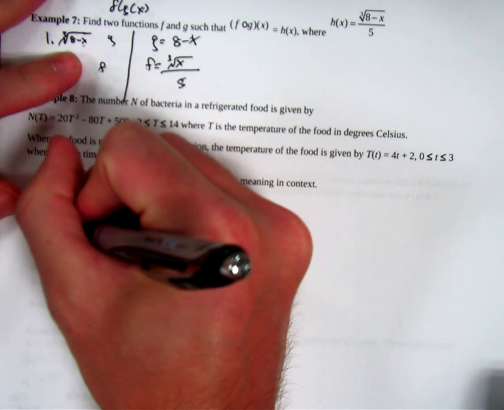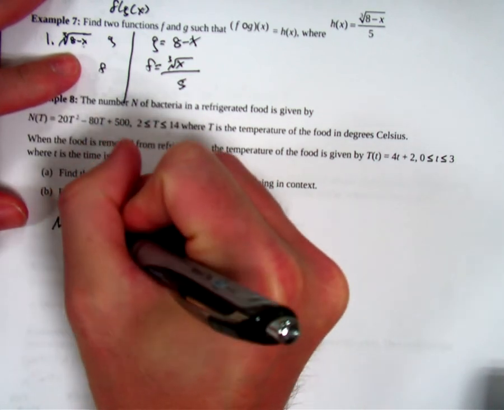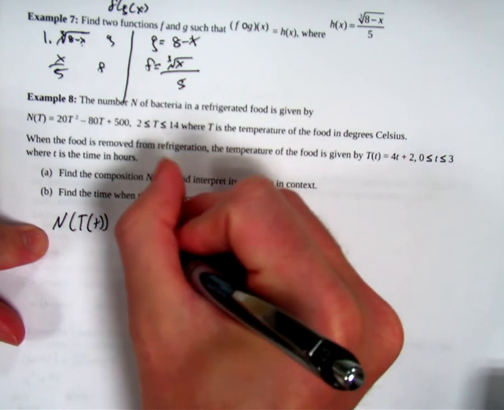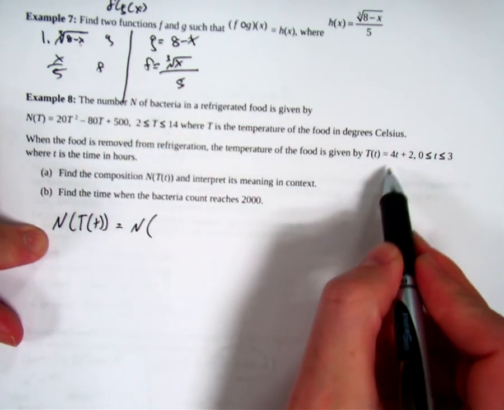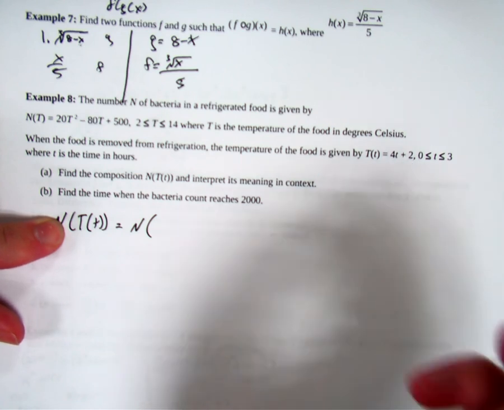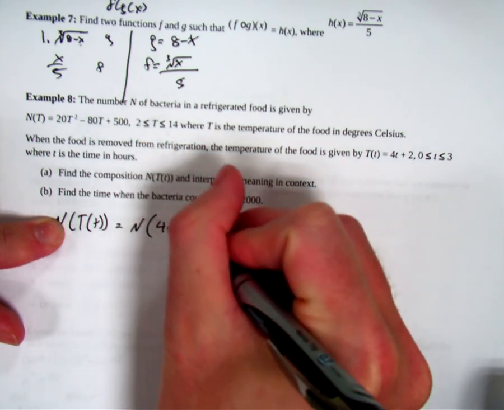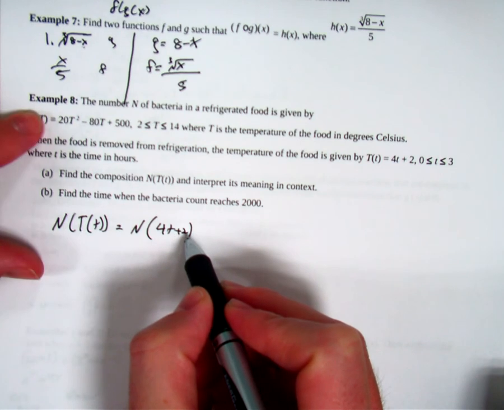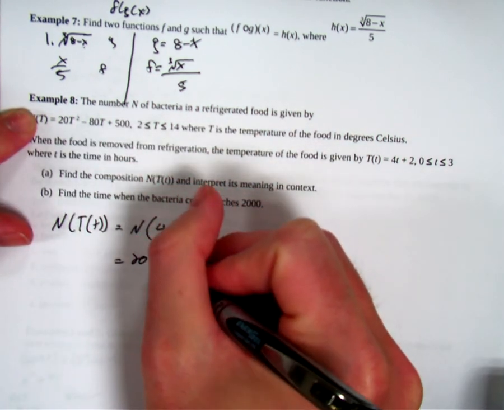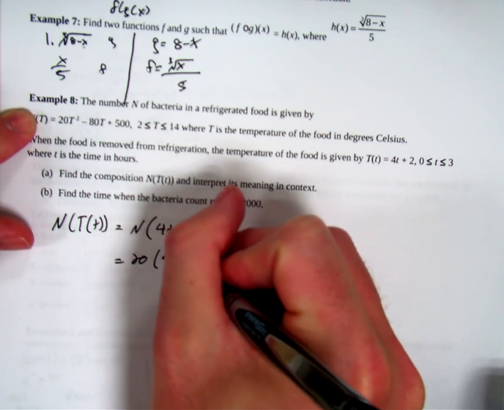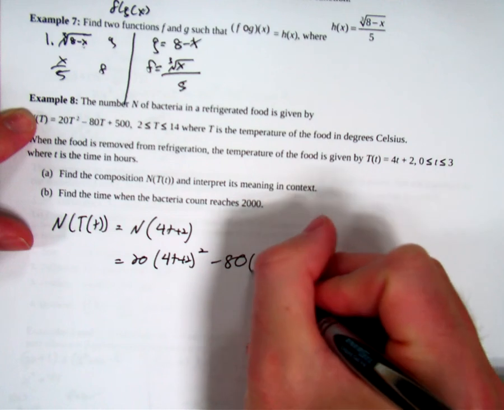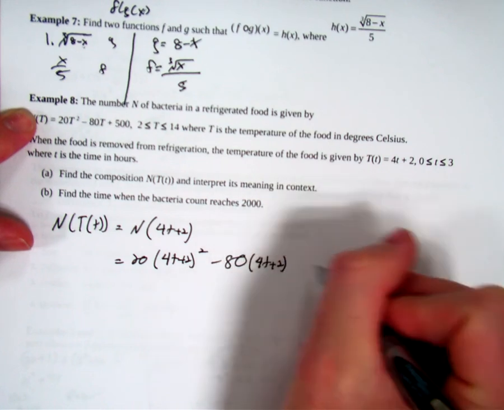So n of T of little t. We're going to do n of, what's our T of little t function? 4t plus 2. Now we have to take 4t plus 2 and put it in for all those. So 20 times (4t plus 2) squared minus 80 times (4t plus 2) plus 500.